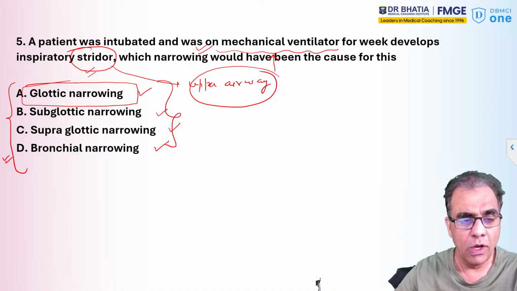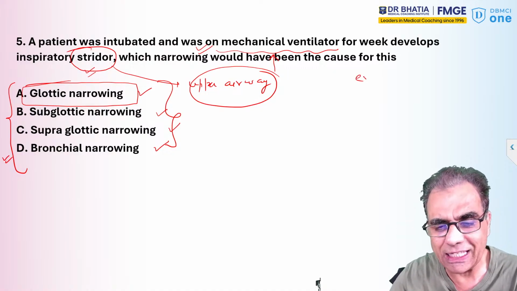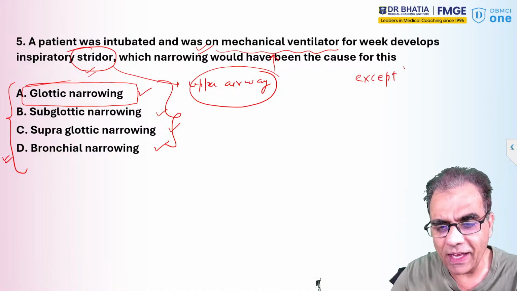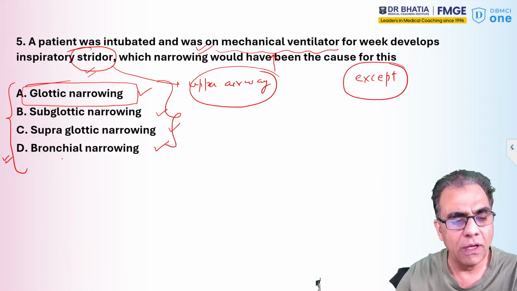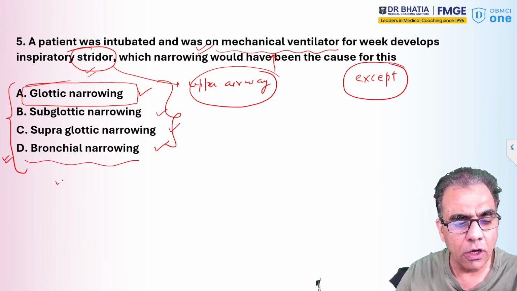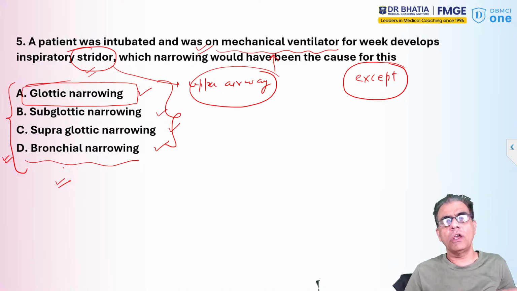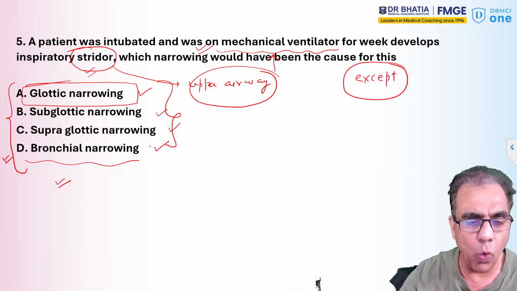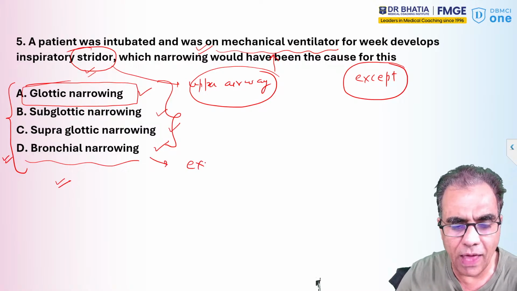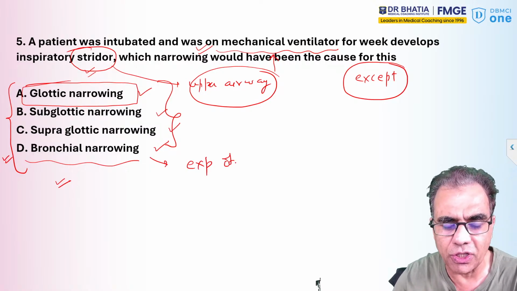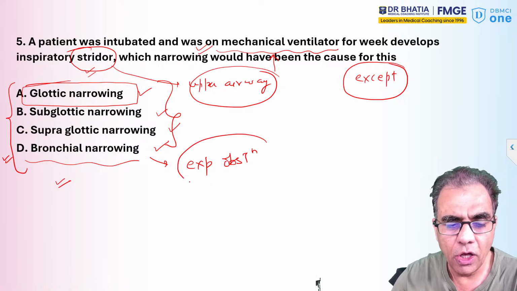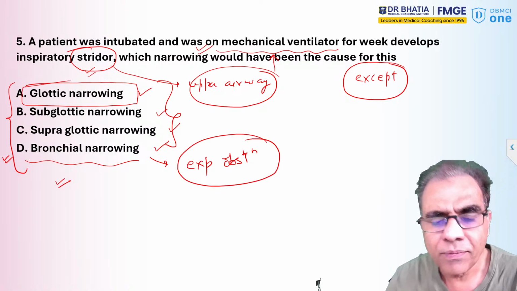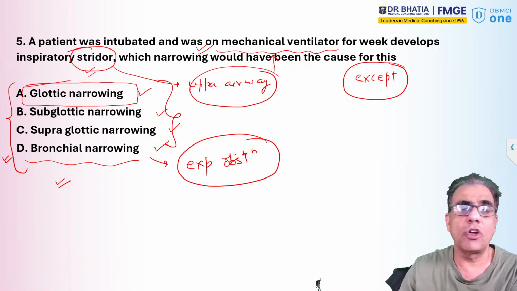The question would have made more sense to me if it was 'except', and then it would be bronchial narrowing. Bronchial narrowing, or distal airway narrowing, is accompanied by expiratory obstruction like COPD or asthma. There occurs expiratory obstruction, not inspiratory.